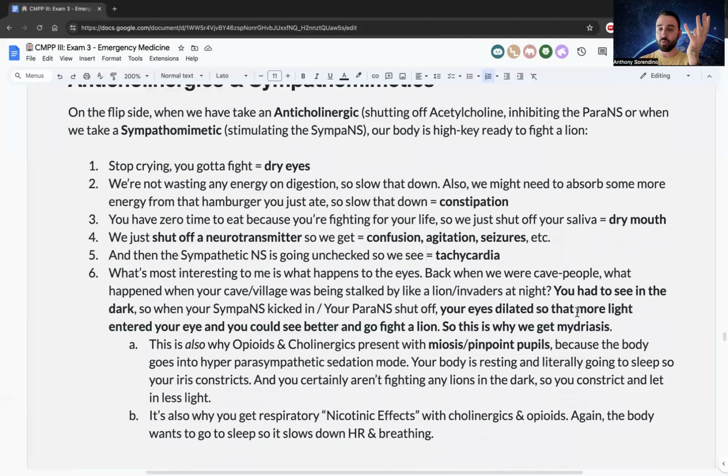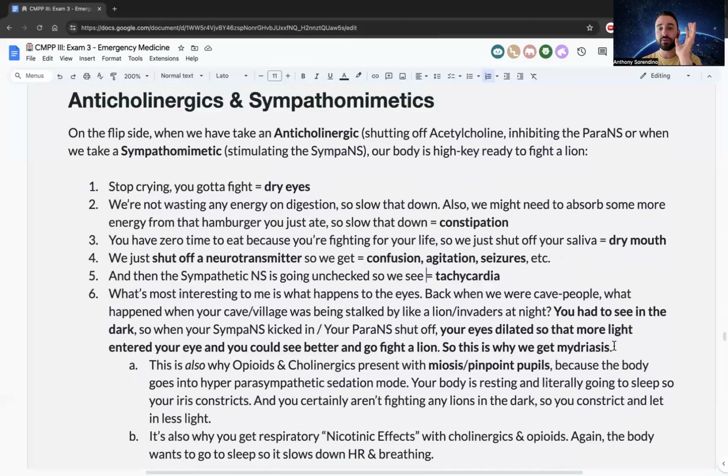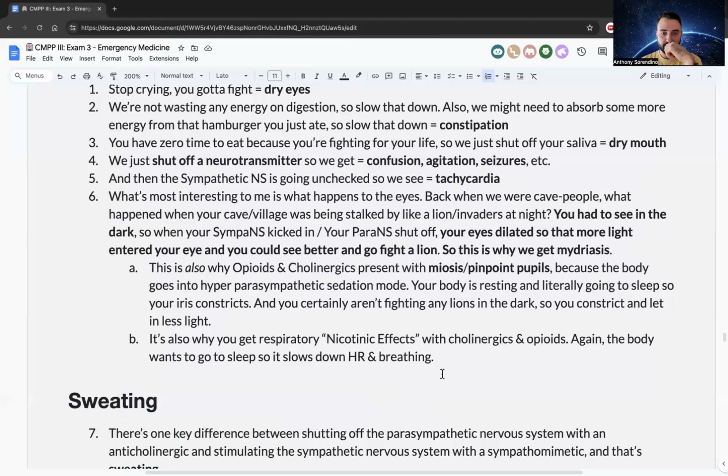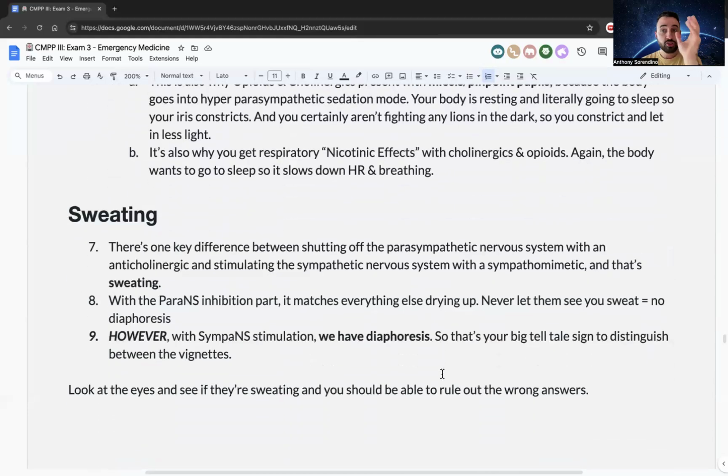And then we talked about this with the eyes as well, that your eyes get dilated because parasympathetic is shut down. Sympathetic nervous system is firing like crazy. Okay. We already talked about the meiosis with opioids. Sweating is the big difference here.